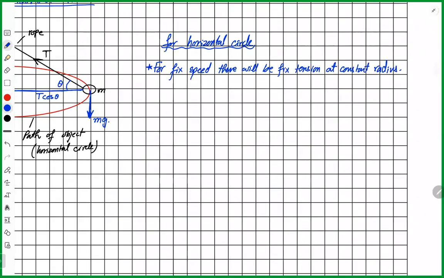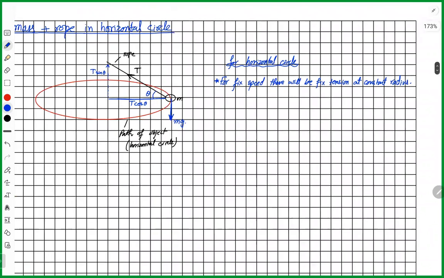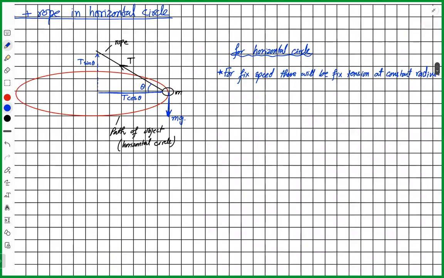If the radius stays the same, there will be a constant tension. Tension will not change in this case because the direction of weight will always stay the same with respect to the tension.